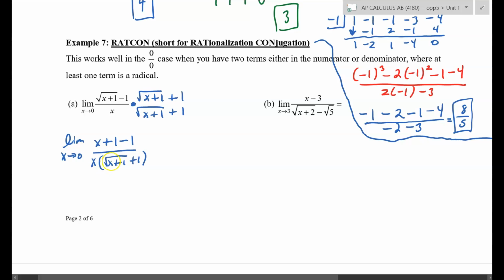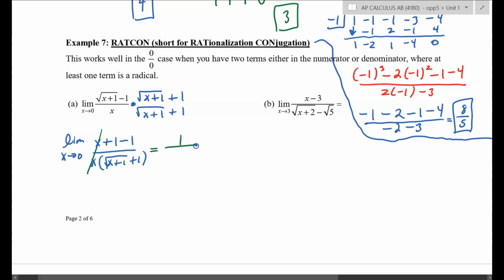Now, what did I not do? Well, I didn't distribute the x, did I? Well, there's a reason why I didn't distribute the x. What's the 1 minus the 1 going to give me? 0. So now what's the only thing left on top? The x. And what's this thing here on the bottom? An x. So what do you think I can do? I can reduce this to be what?